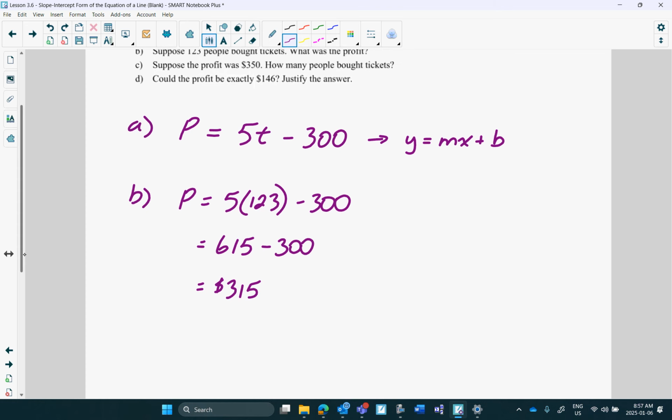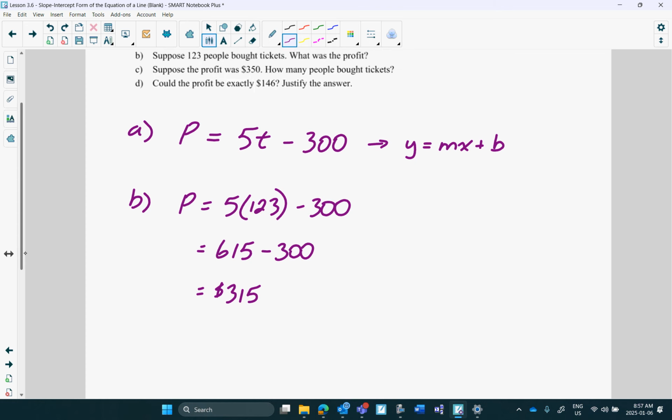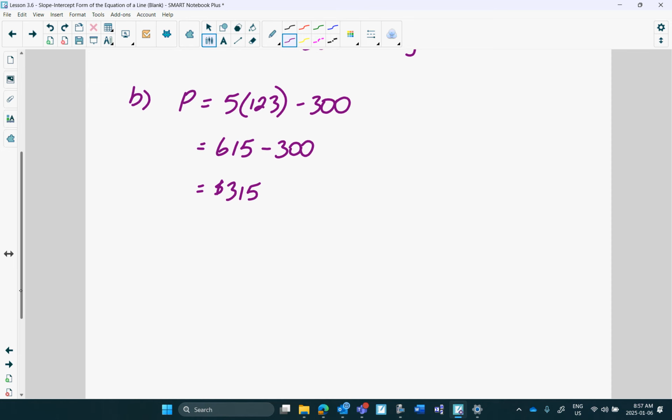Part C, you're told the profit was $350. You have to figure out T. So for part C, we are told that P is $350.